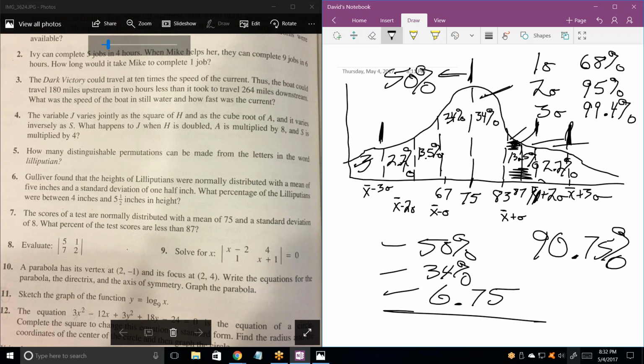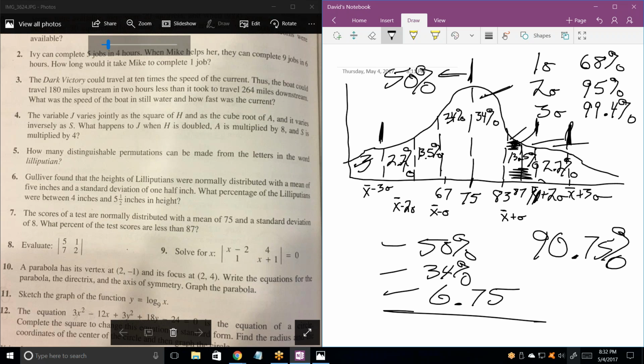But why did it say that? Oh, it's when it says test scores are less than 87, that's why. That means everything to the left of 87. So I need to know what percentage of the data is going to be left of 87.